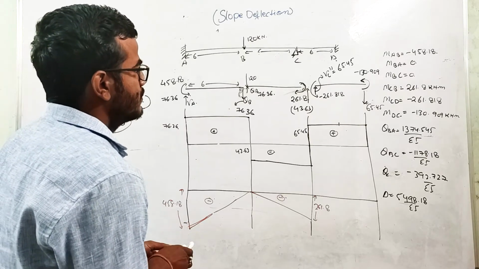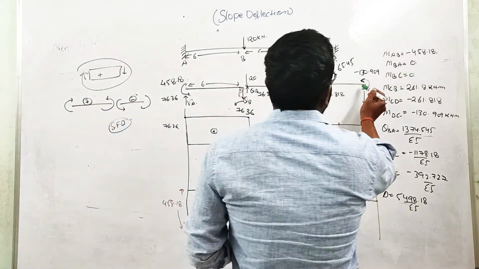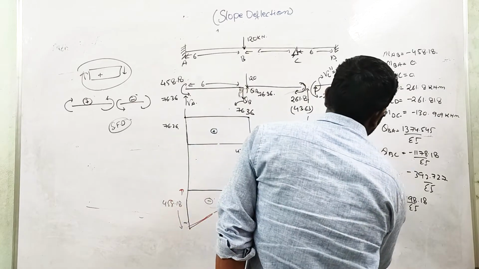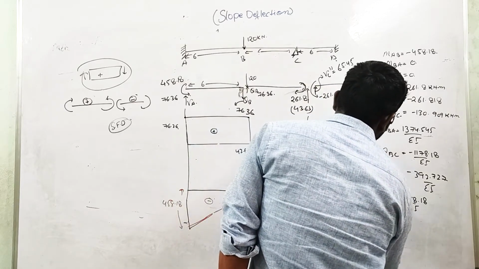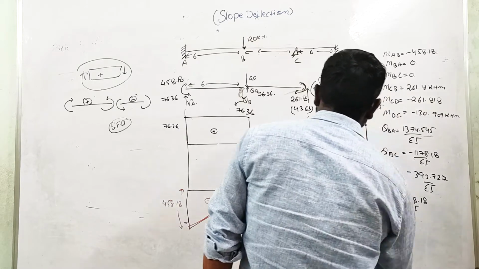Now for the last question. This moment is basically sagging moment. Okay, so it will start from somewhere here. This value is 130.909. Okay.